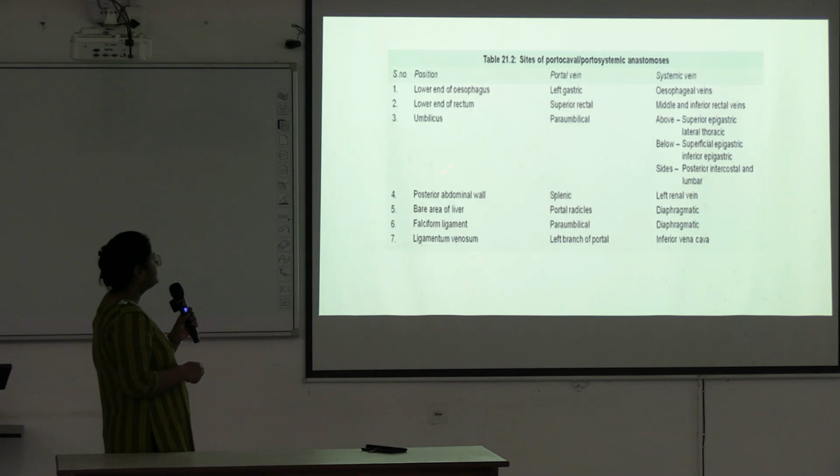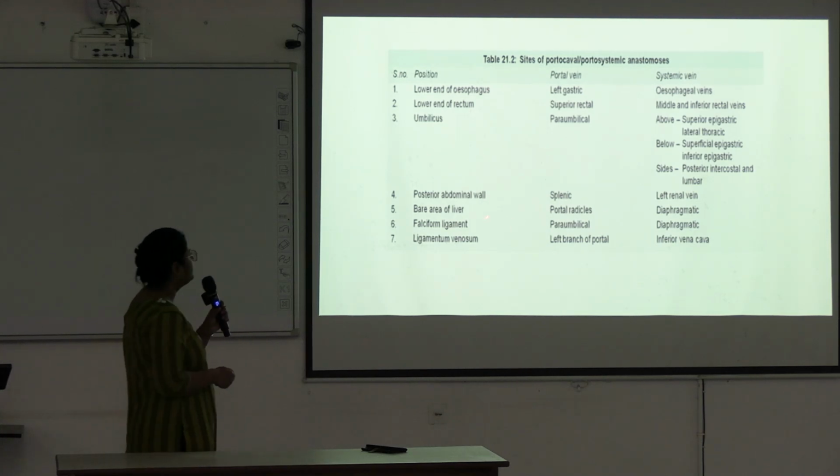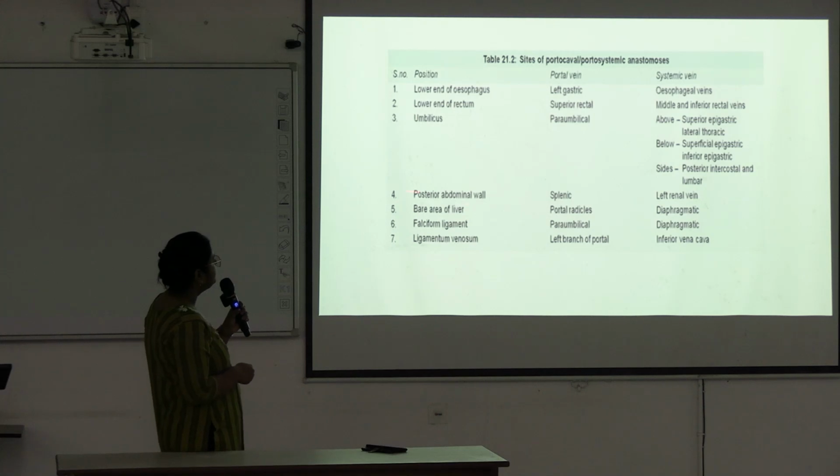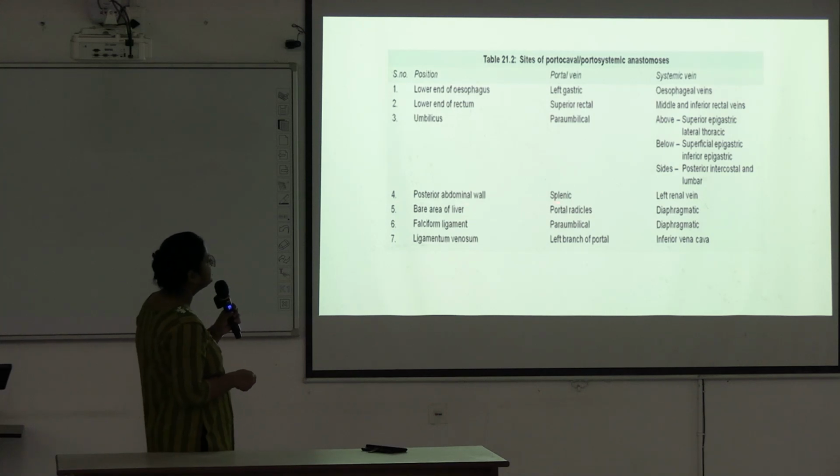And these are the other areas where the portosystemic anastomosis occurs. In the posterior abdominal wall, there is anastomosis between splenic vein and left renal vein.